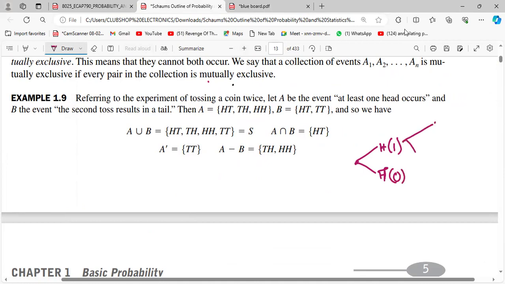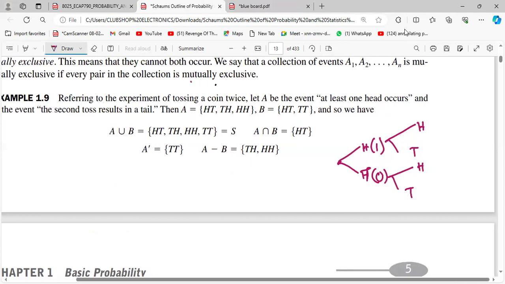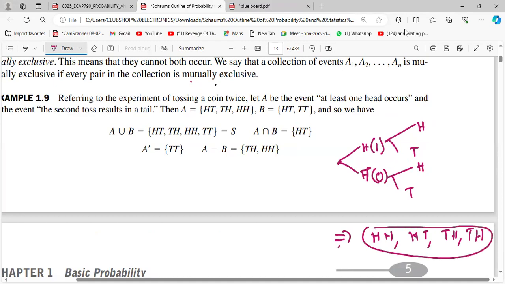Then you have head, tail, head, and when you map, possible outcomes are head head, head tail, tail head, and tail tail. That's what we have when you toss it twice. And this represents the sample space of the experiment.